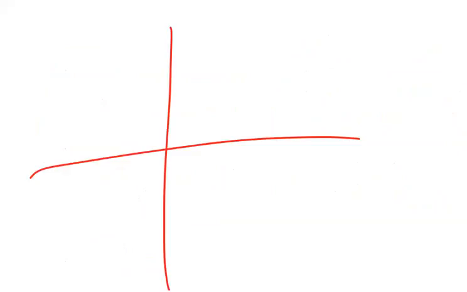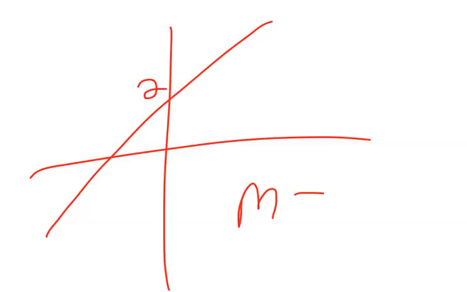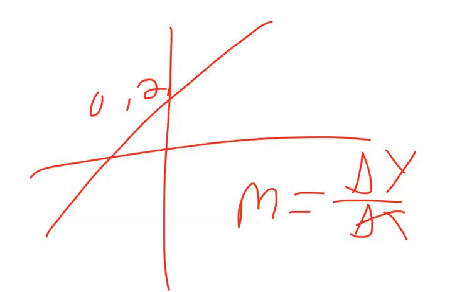So let's suppose it's this. Suppose I told you the slope is 2, and we define the slope, which is m, as change in y over change in x. Say this point is (0, 2) and this is (-2, 0).